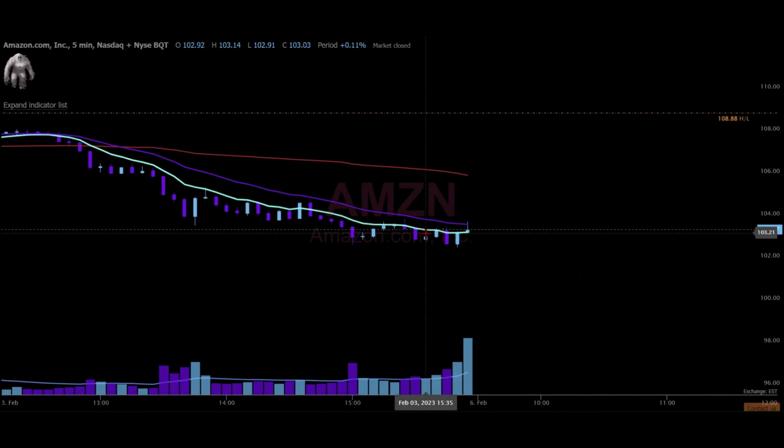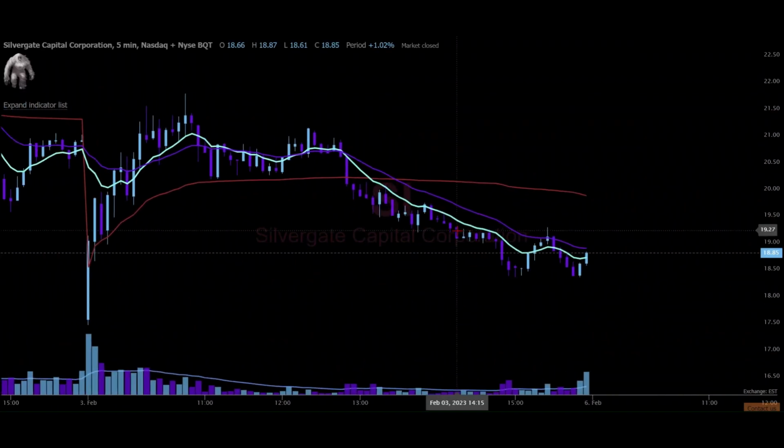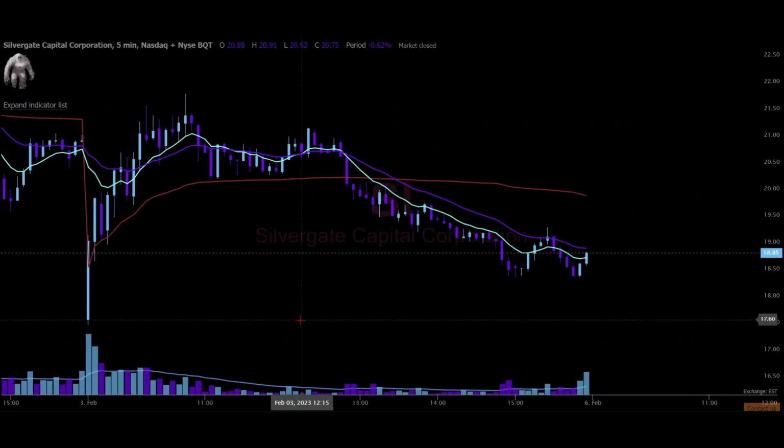I took that at, okay, so I took it back here. 3:15. So I took it on the open of this candle. Took me a call and letting it swing, and I will close it Monday, whether it be up or down. It will get closed.